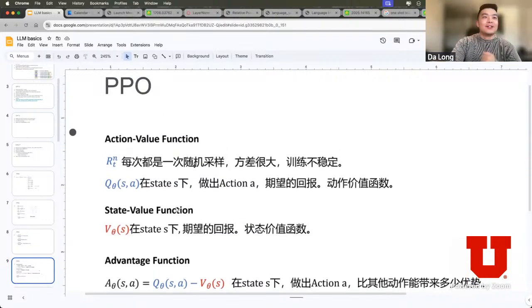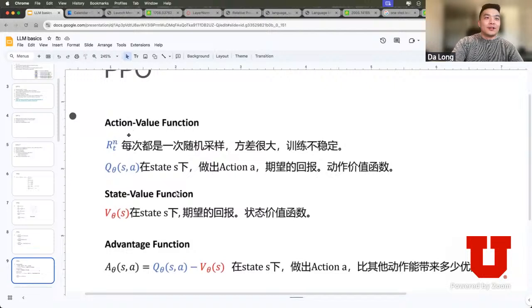Okay, so next we define some functions. We define Q, the action value function. The input is the state and the action. It measures, under the state, if you do the action A, what is the expected long-term reward?